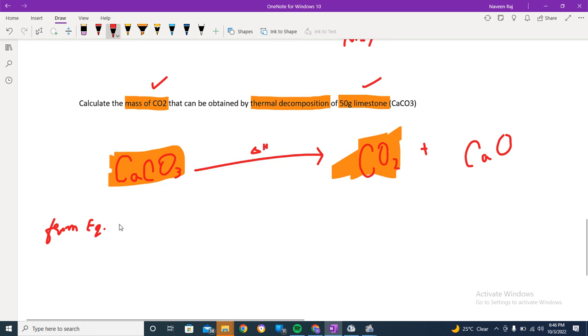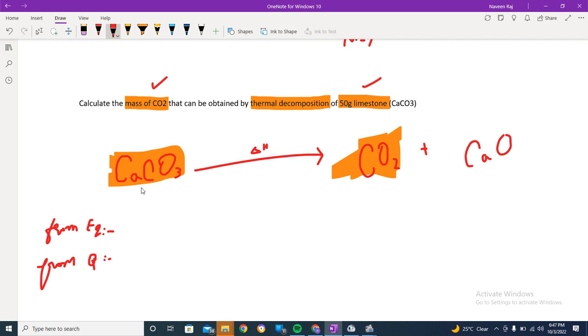So there are two steps you write: from equation and from question. Sorry. So from equation, what do you get? From CaCO3, we can get the molecular formula.